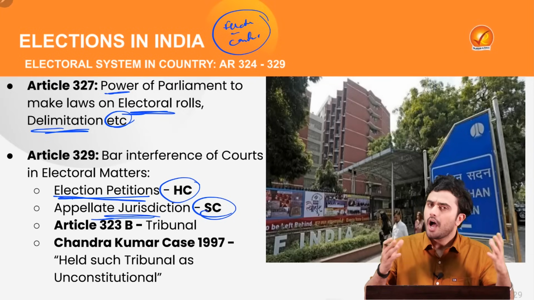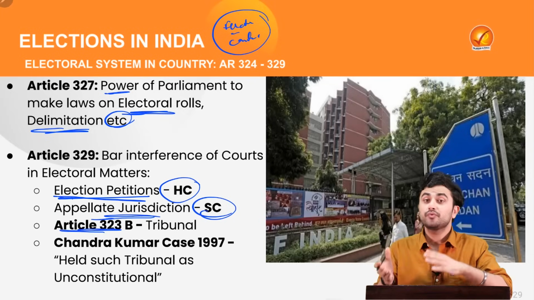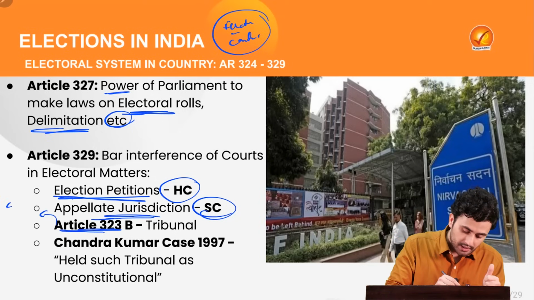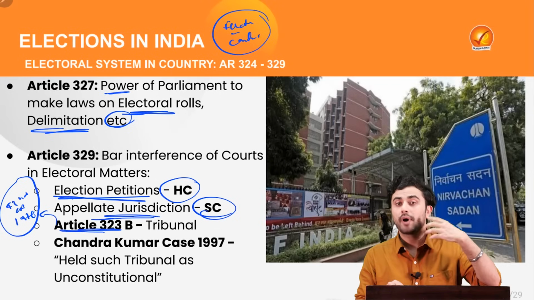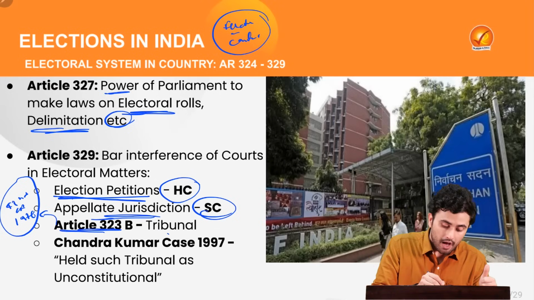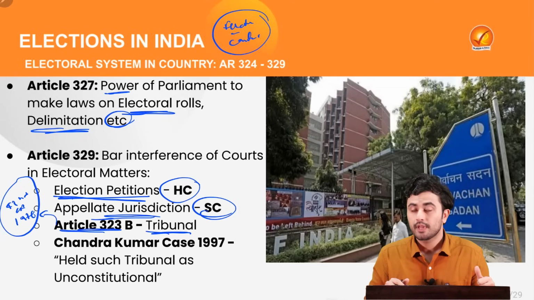And such election petitions are triable in the High Court, while the appellate jurisdiction lies with the Supreme Court. However, under Article 323B, which was introduced by the 42nd Constitutional Amendment Act of 1976, it empowered the Parliament to establish a tribunal to deal with election disputes.